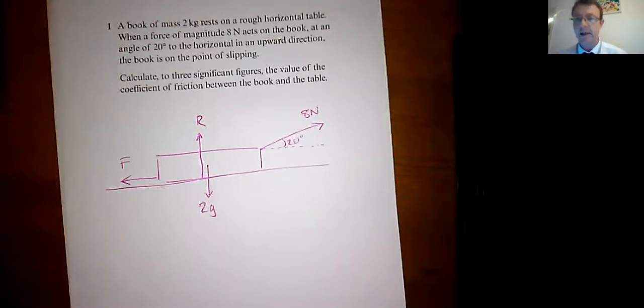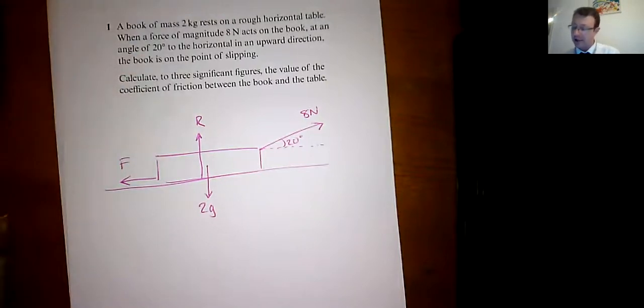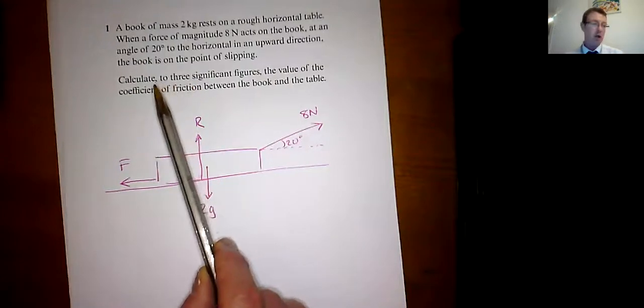Now, just like we've done with other questions, your job here is to resolve in 2 directions. So we're going to resolve vertically and horizontally. I'm reading through the question, and it says, calculate the value of the coefficient of friction. So I want mu.